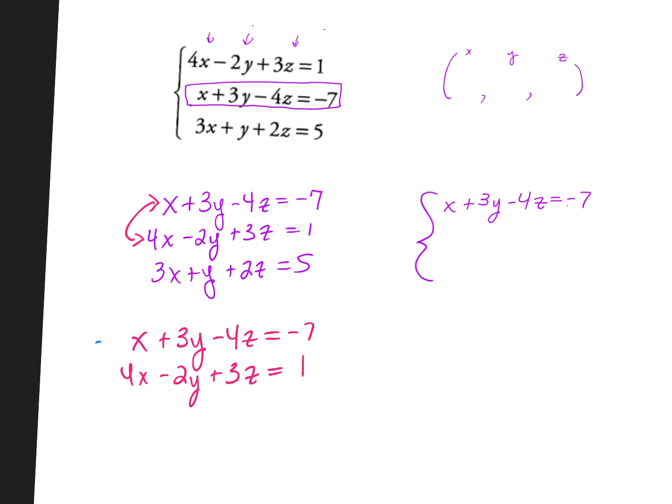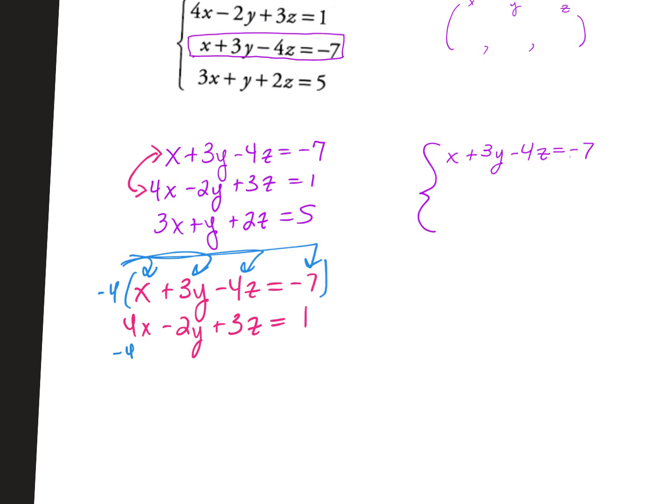Negative 4. Perfect. And it's going to be negative 4 to everything on both sides of the equal sign. So you have negative 4x. Negative and a positive is negative 12y. Negative and a negative is positive 16z. Negative times negative is positive 28.